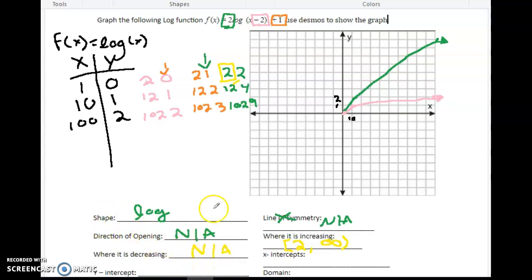All right, y-intercept. Well, I can visually look at this and tell you it will never cross the y-axis. Not once will it cross that y-axis. So I'm going to go ahead and say NA. All right, domain. Well, the domain starts right here at 2. Okay, I'm going to put this up here.